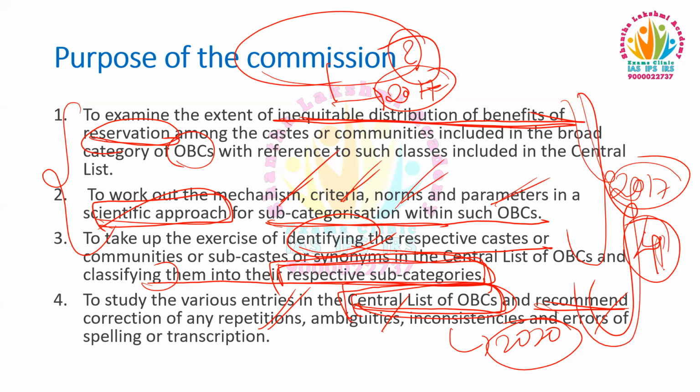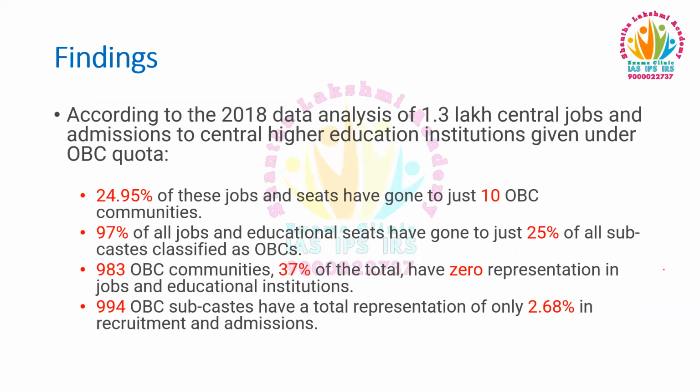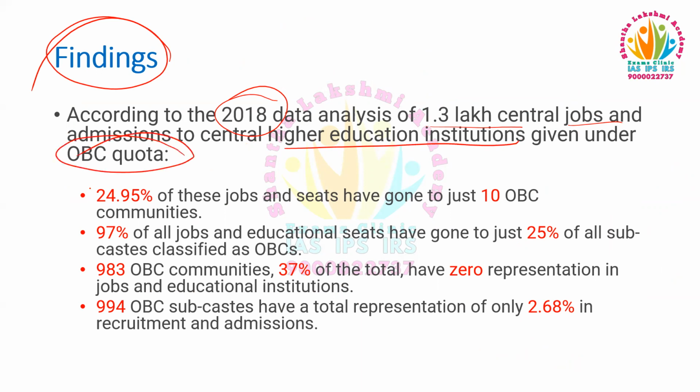Then moving forward. Now let us discuss some of the findings of the commission. According to the 2018 data analysis of 1.3 lakh central jobs and admissions to central higher educational institutions given under OBC quota, the findings are as follows. Around 25% of these jobs and seats have gone to just 10 OBC communities. See the number? Just 10 OBC communities only.